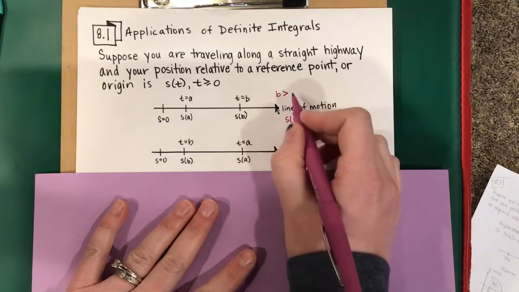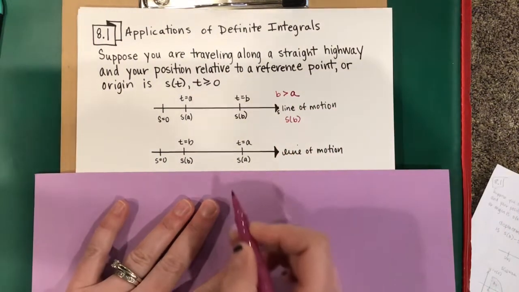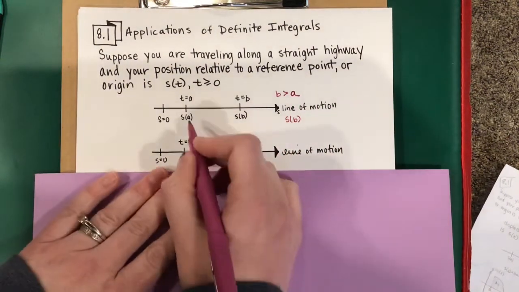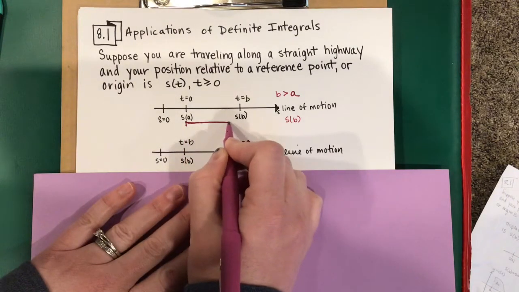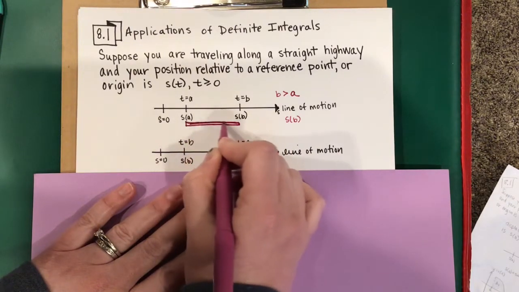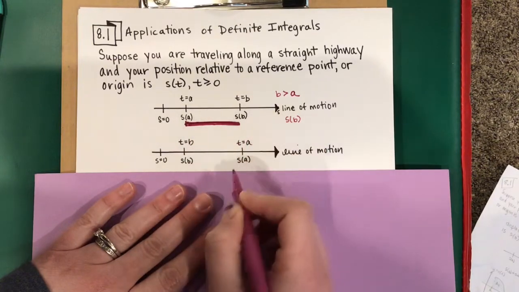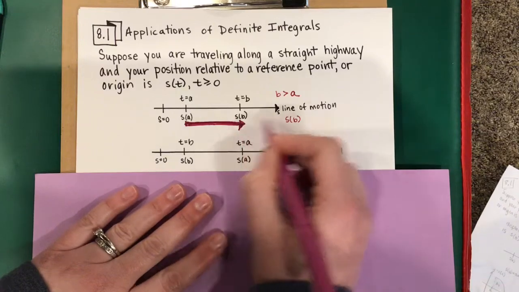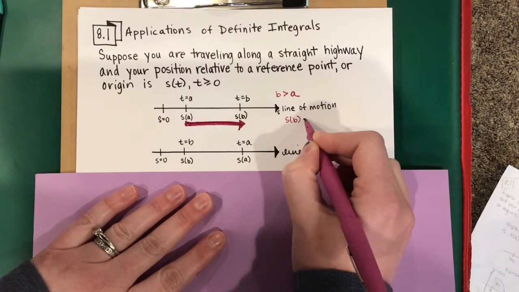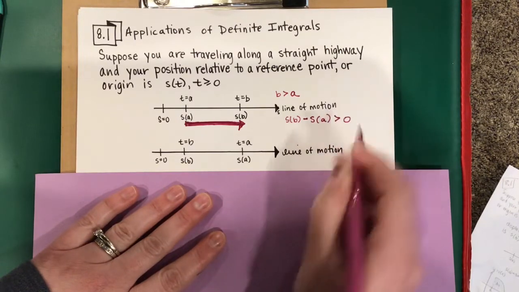And in a scenario like this, in which b is greater than a, if I was looking to calculate my displacement, that means that I'm traveling in the positive direction, or to the right, and that's telling me that my displacement, which would be s of b minus s of a, is greater than 0.